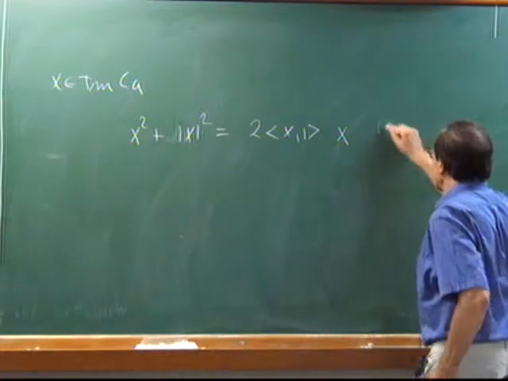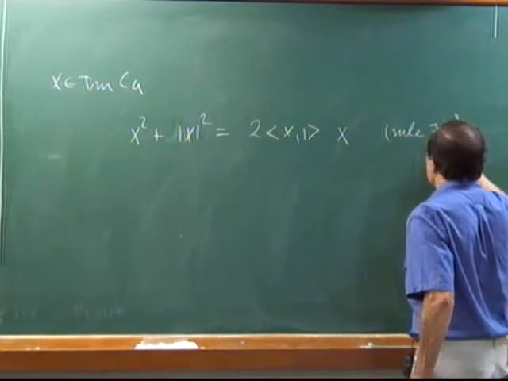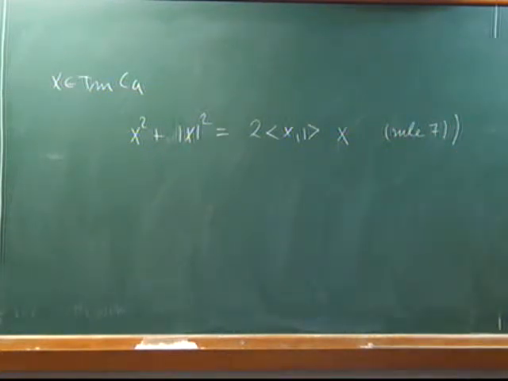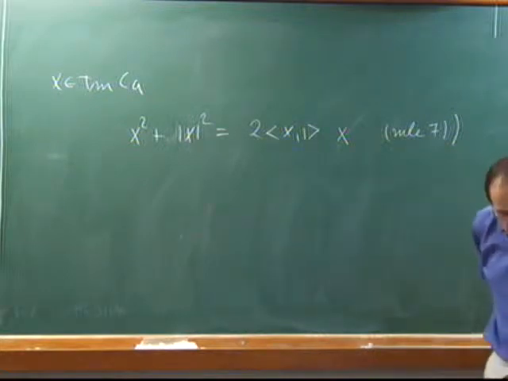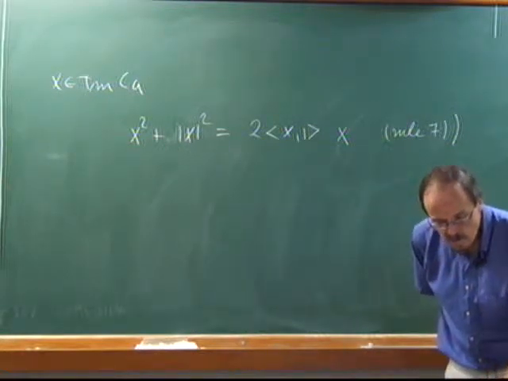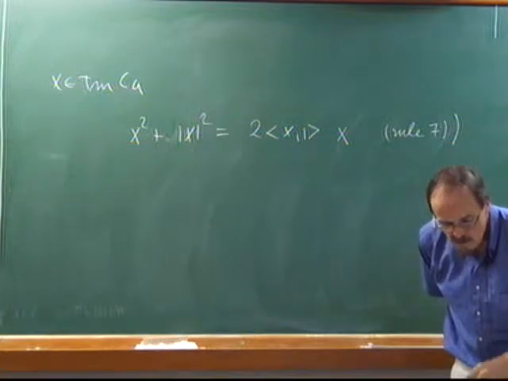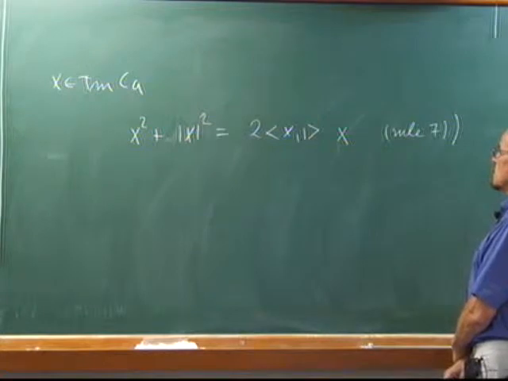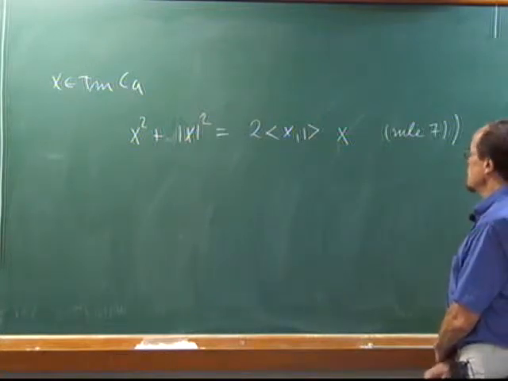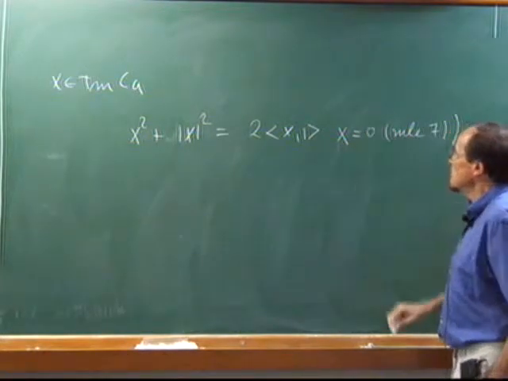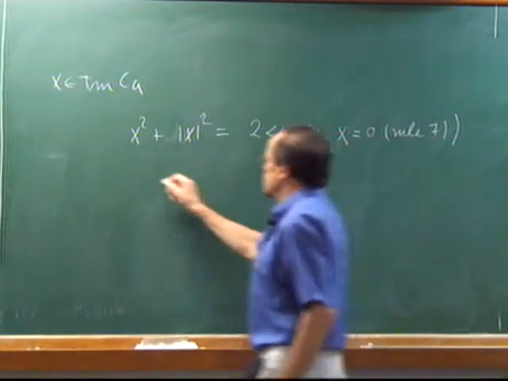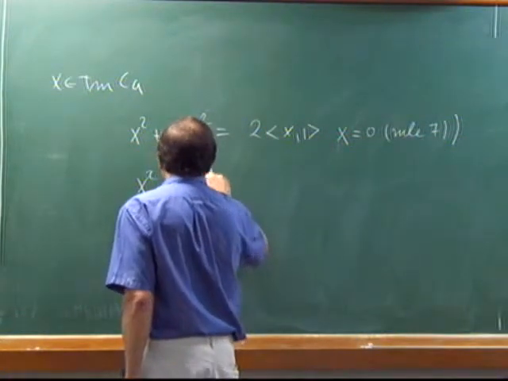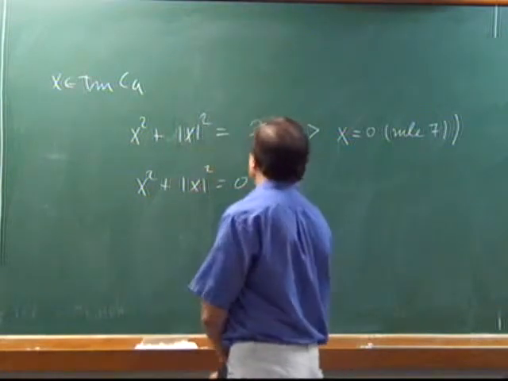Yes, this is one of the specialties of rule 7, as long as x is imaginary. Of course, now the right-hand side is 0, right? X is imaginary, so it's orthogonal to 1. So x squared plus norm x squared is 0. Well, we already knew that.